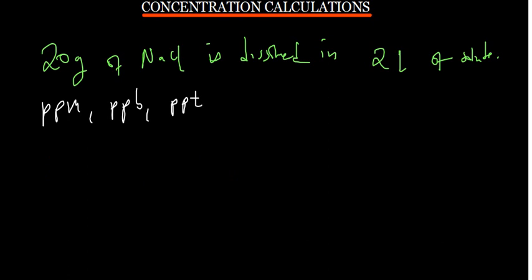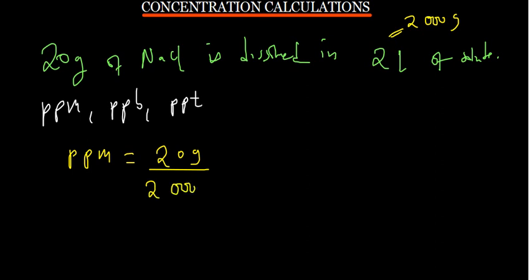So meaning that the different types of concentration, this is 2000 grams. So parts per million is going to be the concentration of the solute, which is 20 grams, over the solution, which is 2000 grams, times a million, which is 10 to the power 6.